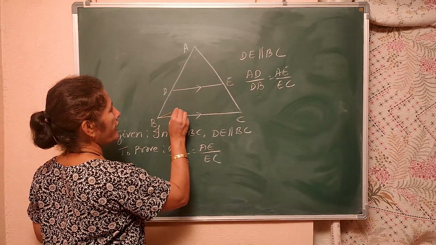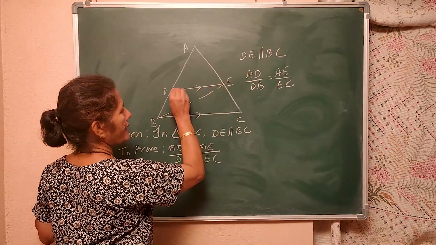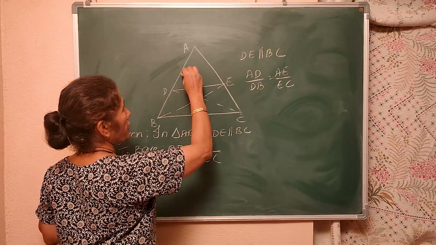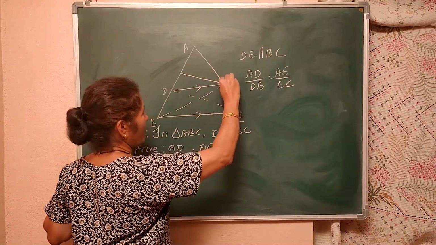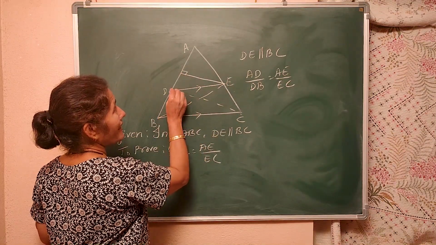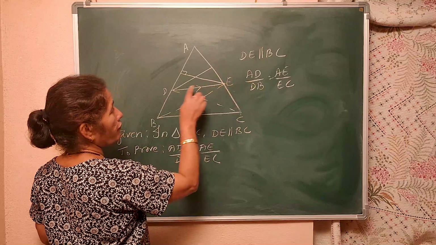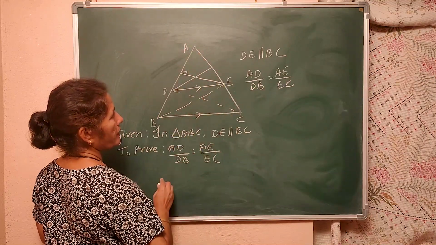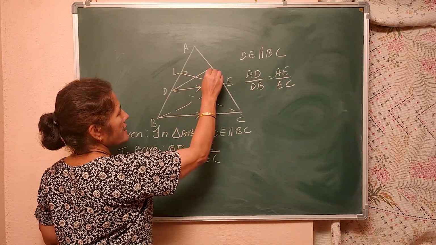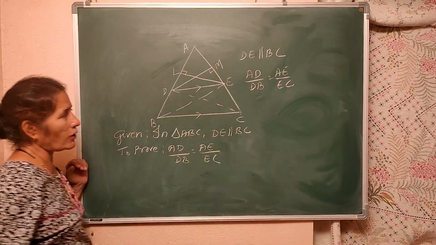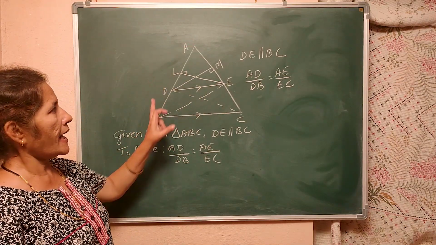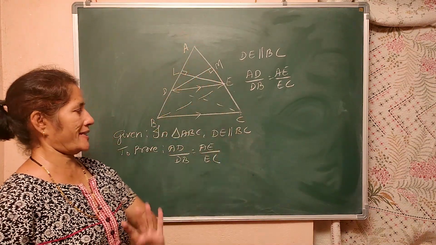You have to join BE and CD, and you have to draw a perpendicular to AB from E, as well as a perpendicular to AC from D. If I call this one L and this one M, what can I say? Draw EL perpendicular to AB and DM perpendicular to AC.